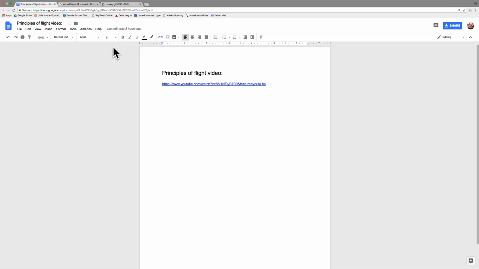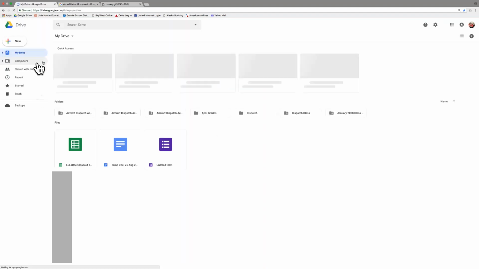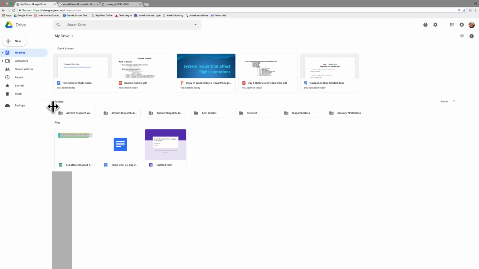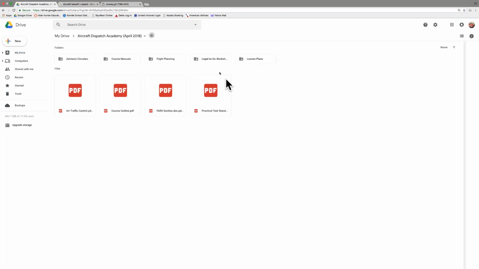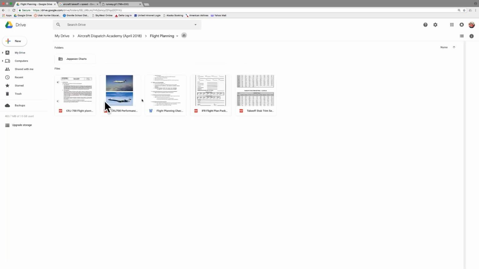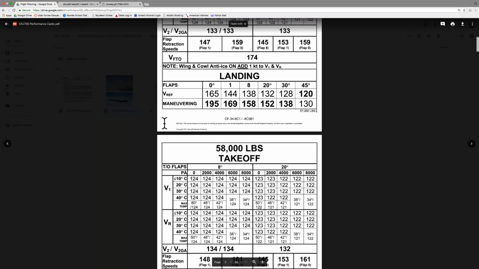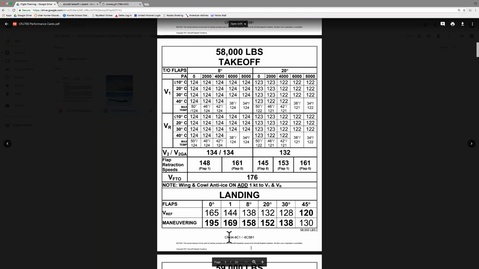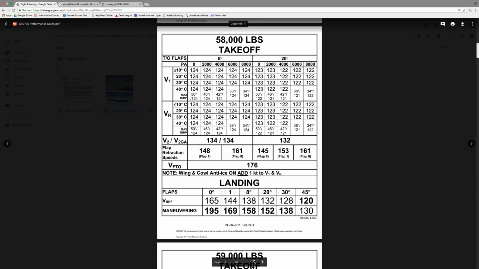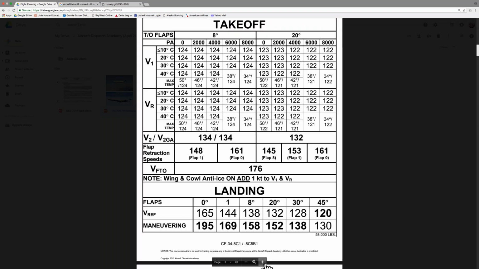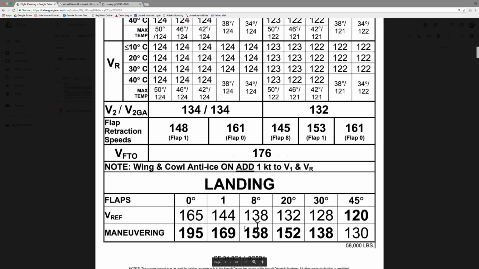Okay, so the reason why I bring this up is because when we're doing flight planning, we actually have one of our performance charts. Oh, VREF.